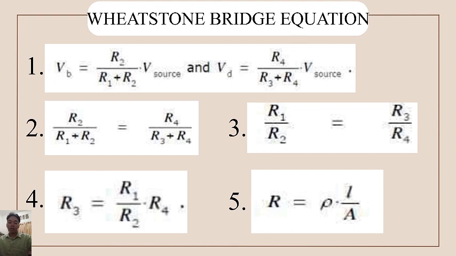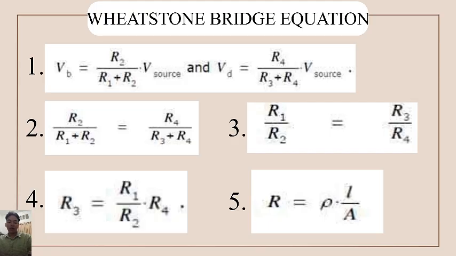And number 2 is the Wheatstone bridge balance condition. The left side of the equation is the voltage ratio in the left leg of the bridge. The right side is the voltage ratio in the right leg of the bridge. When these two ratios are equal, the potentials at nodes B and D are the same, so no current flows through the galvanometer.